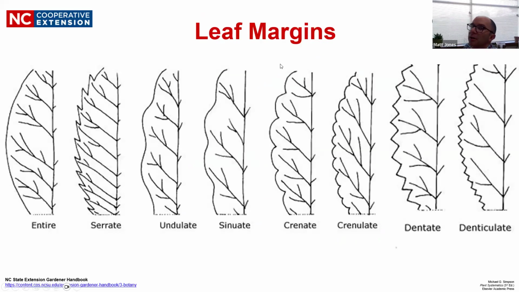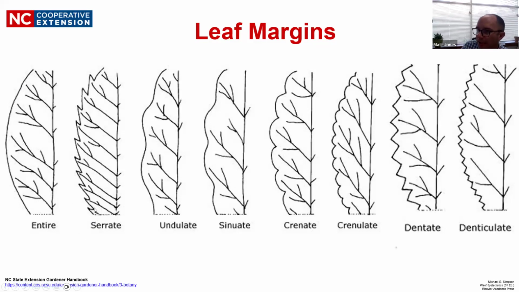Oh, wait, there's more. There's even terms to describe the margins or the outer edges of leaves. If a leaf is smooth on the edge, there's no teeth, it's not called smooth. That'd be too easy. It's said to be entire. And then there are different kinds of teeth.